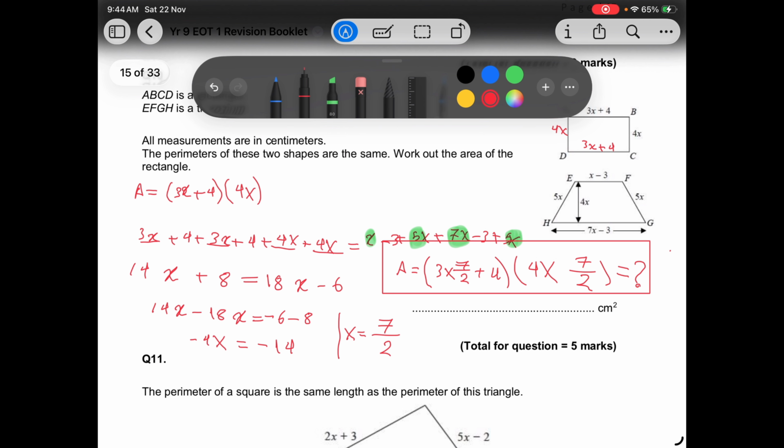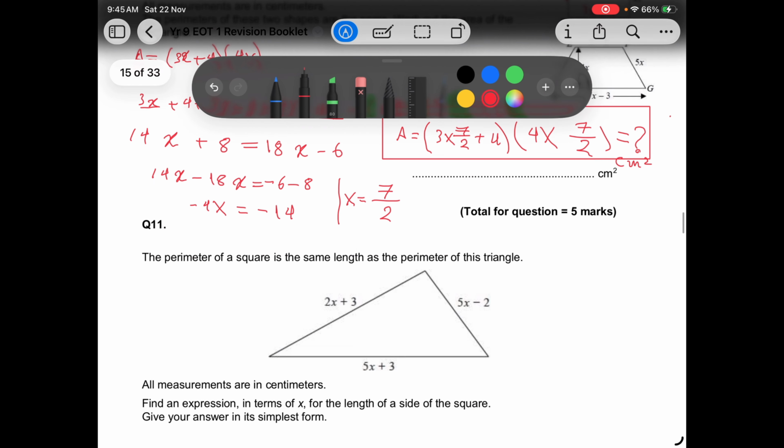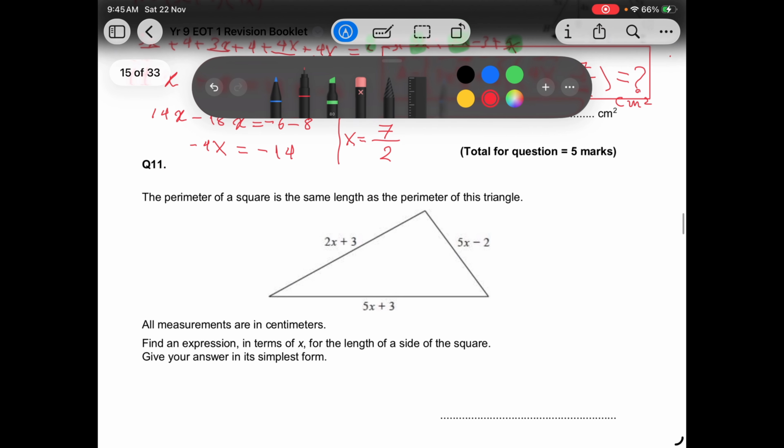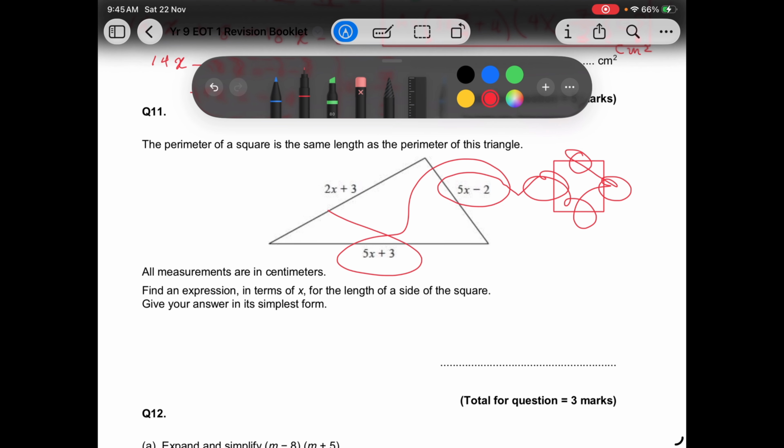Okay guys, so let me go back here. Here, students, the answer for the previous part will be something like centimeter squared, because they told us that everything here is in centimeters. So for area we use centimeter square. So I have a square here somewhere, and if you add this to this to this to this, it will be the same as when you add this to this to this.